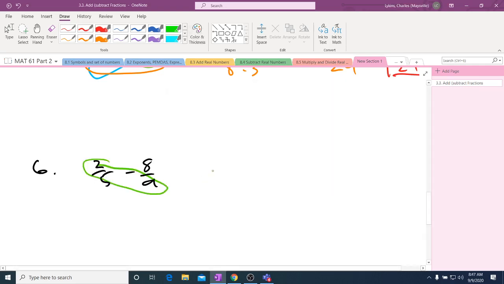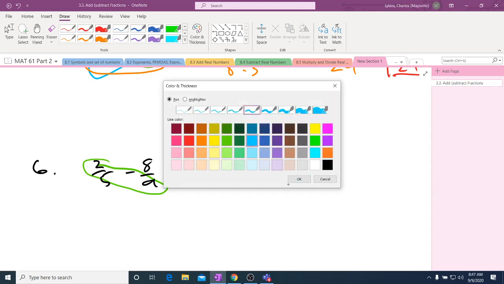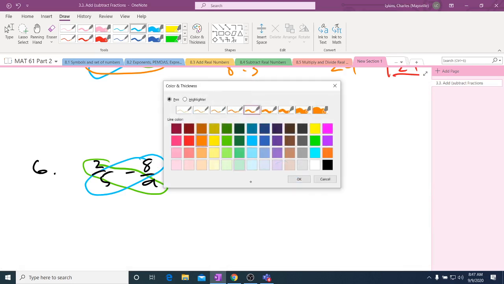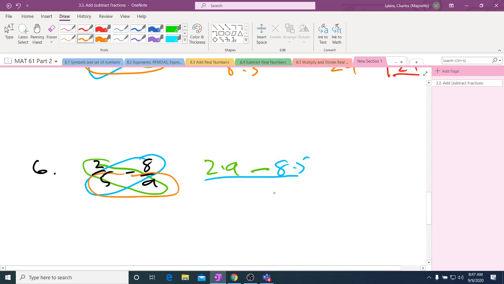Same concept, 2 times 9 minus 8 times 5 over 5 times 9.